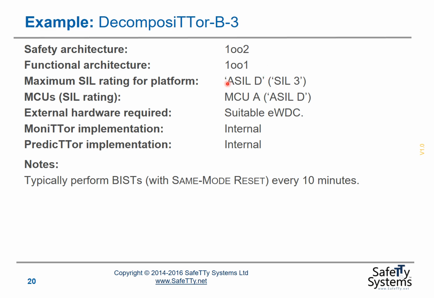The maximum SIL rating for the platform is expected to be ASO-D, because we're using a single ASO-D microcontroller. The external hardware that we need is a suitable external watchdog controller, and we have the monitor and predictor components implemented internally. Again, simply by way of guidance, we might expect to perform built-in self-tests with the same mode reset around every 10 minutes on this platform.